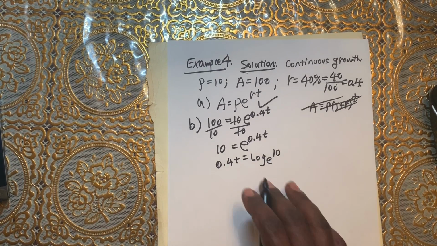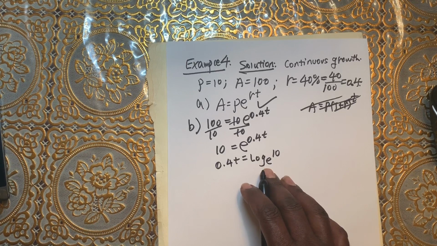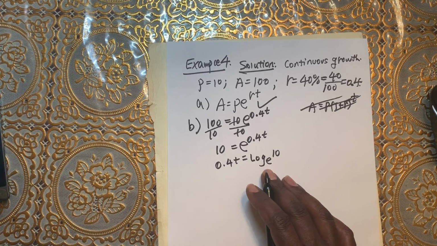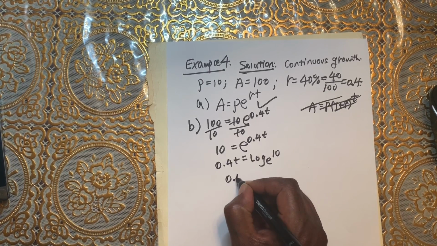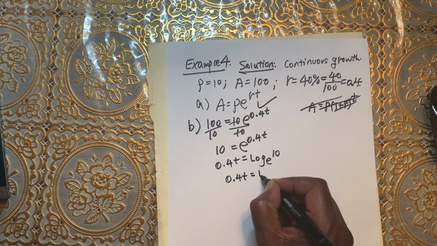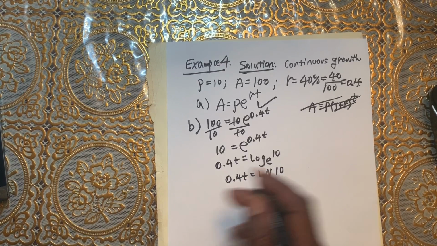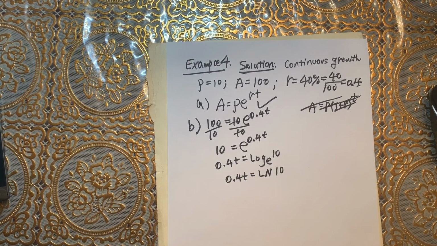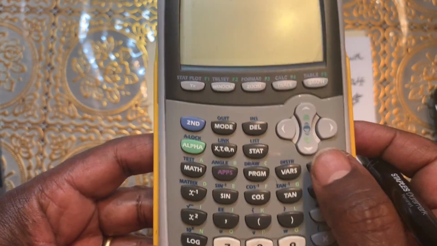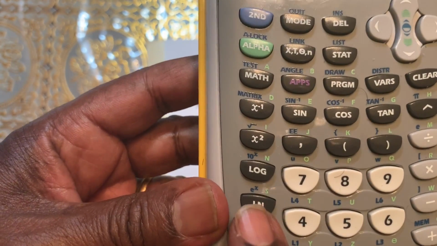But log base e means ln, the natural logarithm. So I replace that: 0.4t equals ln of 10. The ln function is just below the logarithm function on the calculator.